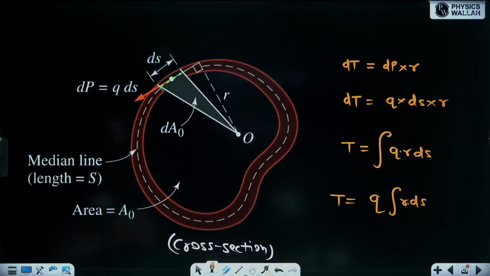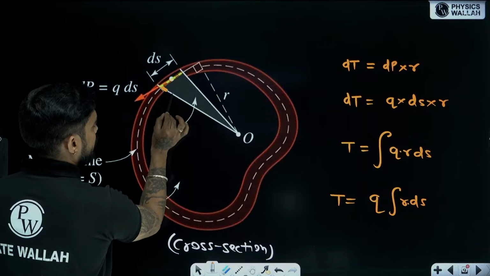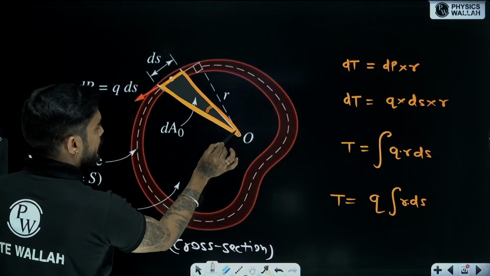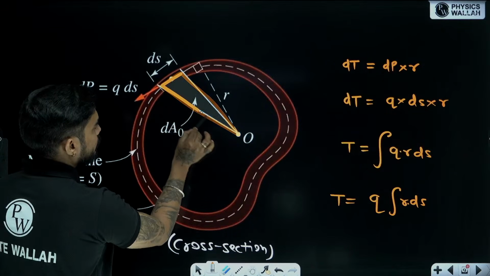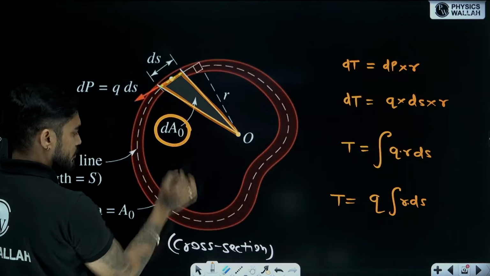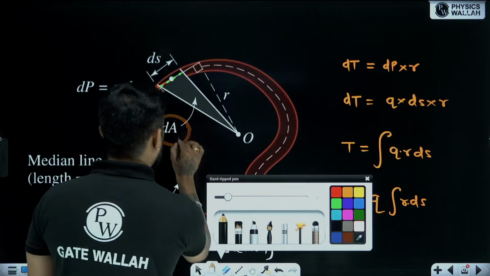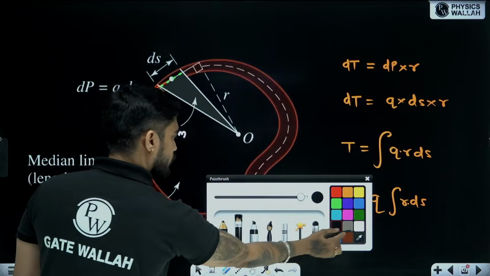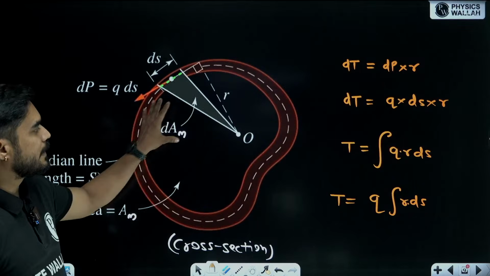Now look at this. This line is subtending this angle. Can you see this very small triangle here? The area created by this very small triangle is, let me call it dAm.